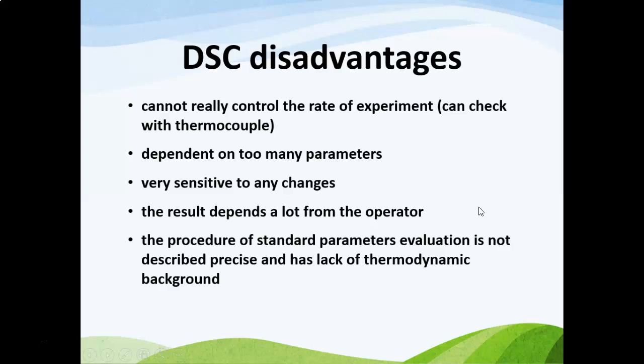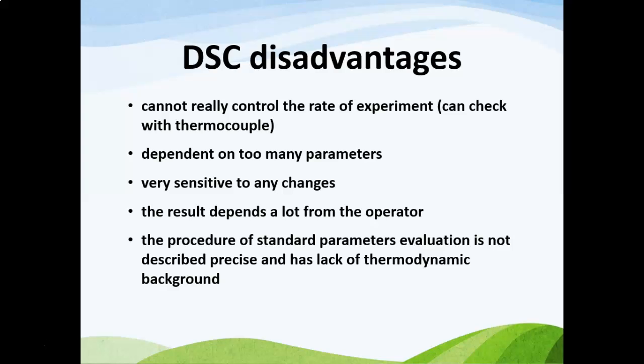Some DSC disadvantages: it cannot really control the rate of the experiment, and we can check with a thermocouple. It is dependent on too many parameters, such as in the previous slide. It is very sensitive to any changes, such as the heating rate and so on. The result depends a lot on the operator.